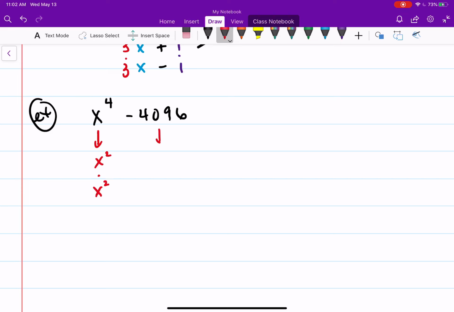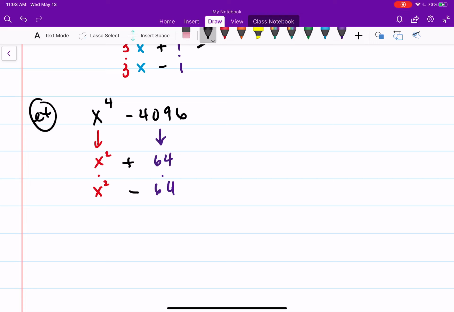And when you take the square root of 4096, you will get 64. So 64 times 64 would give you that. I'm sorry, 64 times 64 would give you 4096. So 1 plus, 1 minus.